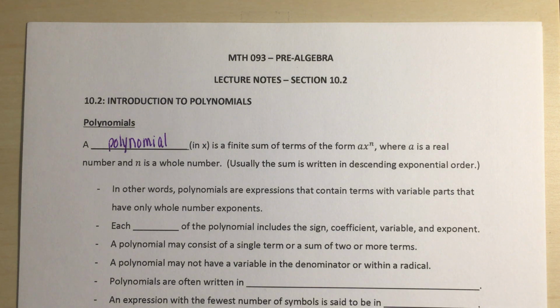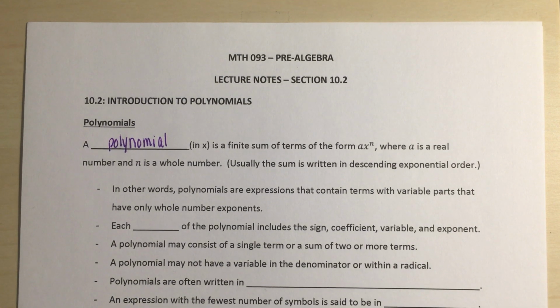Our coefficient can be pretty much anything, but our exponent, our n, has to be a whole number. So in our definition of polynomial, we have a list of terms that are being added or subtracted together to give us our entire polynomial.